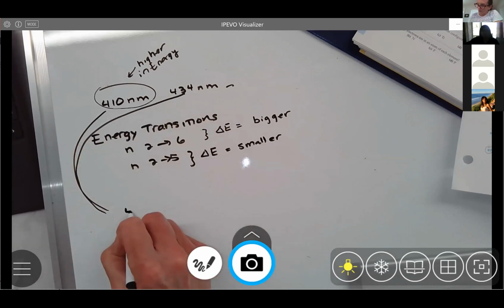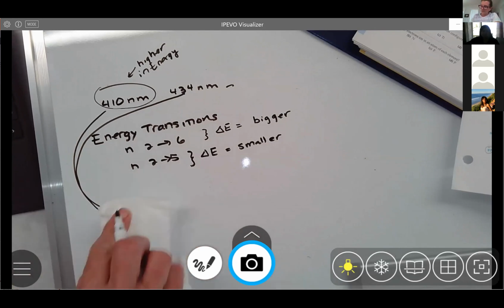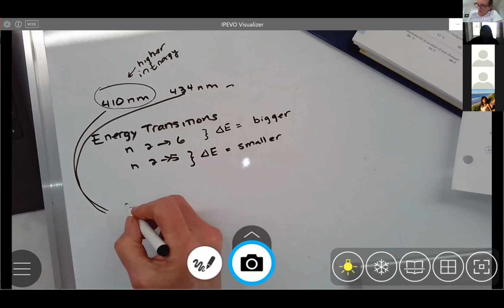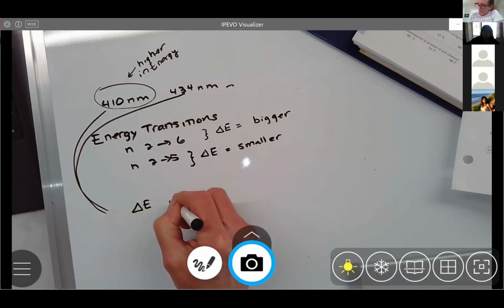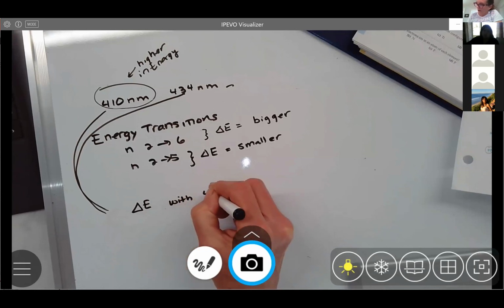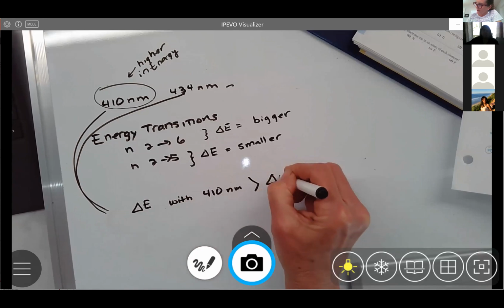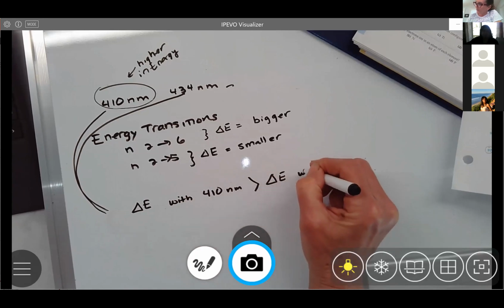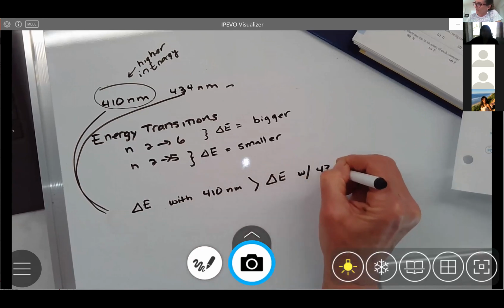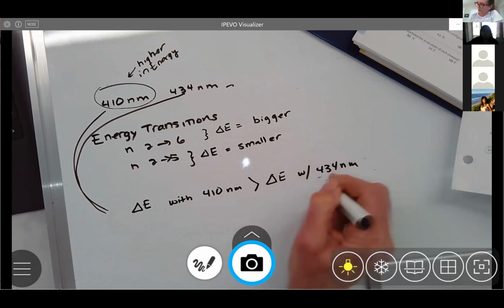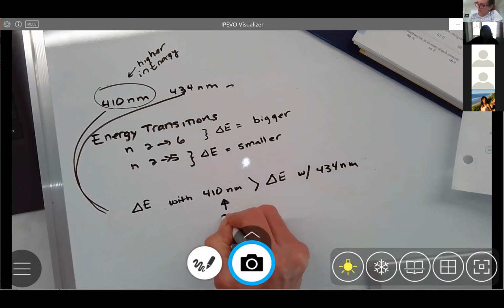And for a delta E with 410 nanometers will be greater than the delta E corresponding with 434 nanometers, just because it's smaller wavelength.